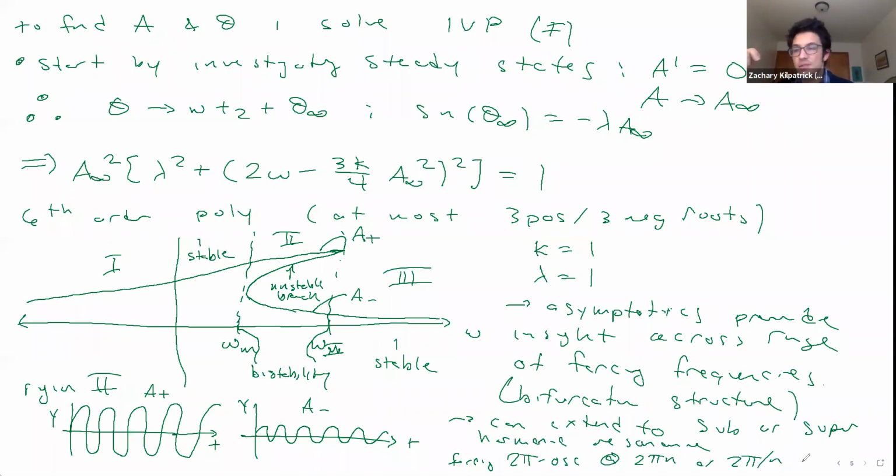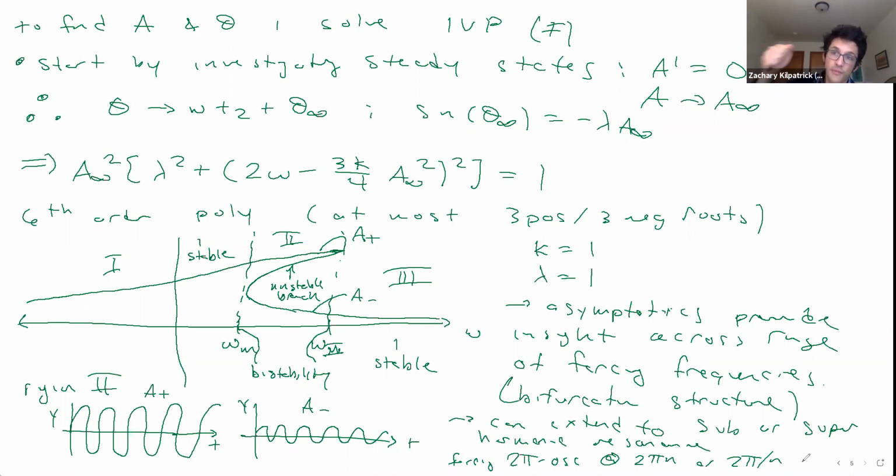And in that case, you get these different sort of types of mode locking, okay? So if I force at a frequency that's like twice as slow as the resonant frequency, I should still expect some energy injection to build up.